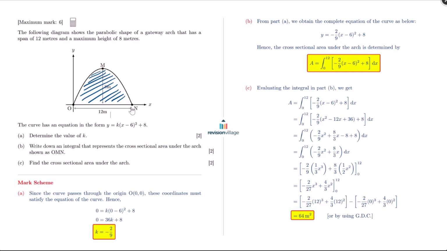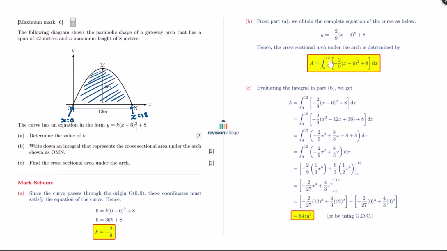So it's the area under the curve between a lower boundary of the origin and an upper boundary of point N. The origin has an x value of 0, and point N has an x value of 12. So we have a definite integral with a lower boundary of 0 and an upper boundary of 12.